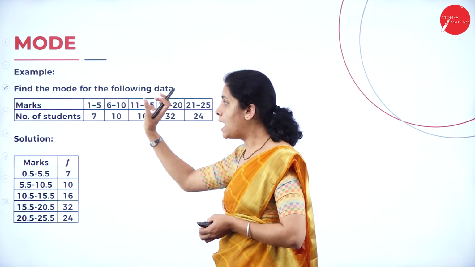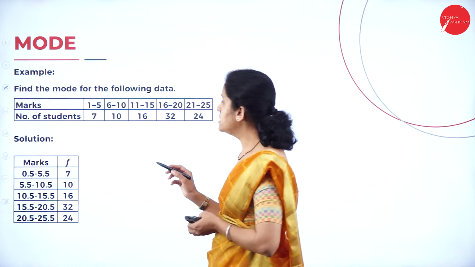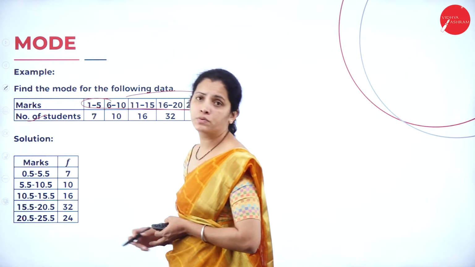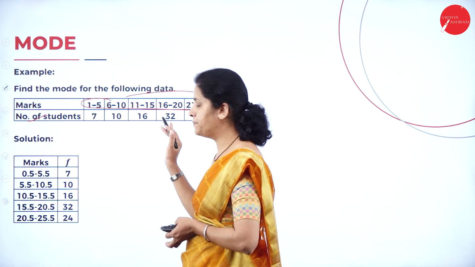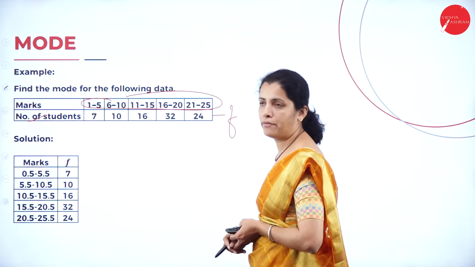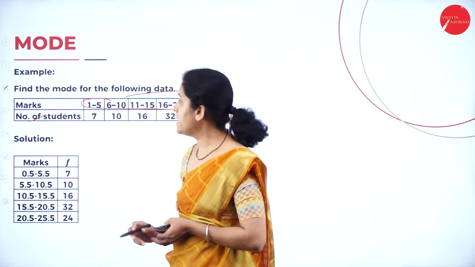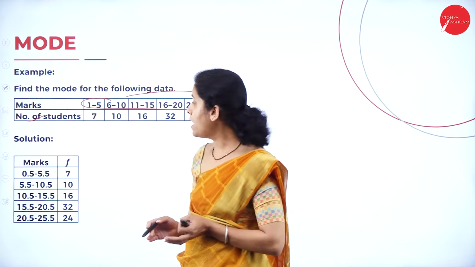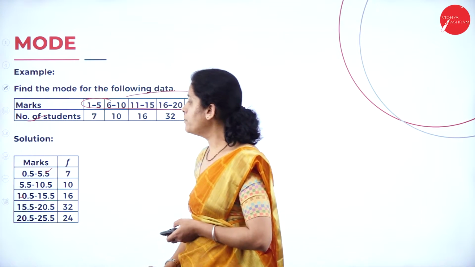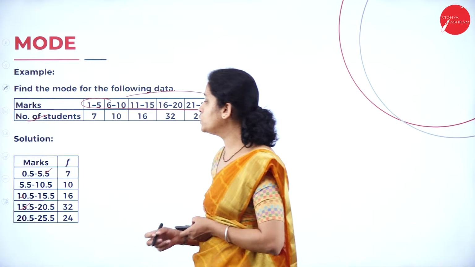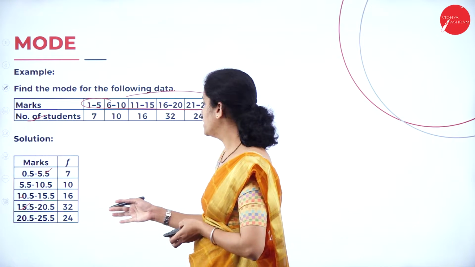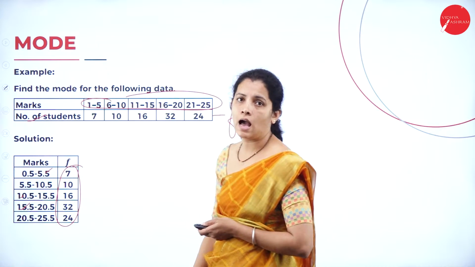I have marks and I have number of students. Number of students is nothing but the frequency F. To represent number of students, I'm going to use frequency F. Now, see here, I'm going to write the marks ranges: 0.5 to 5.5, 5.5 to 10.5, 10.5 to 15.5, then 15.5 to 20.5, and 20.5 to 25.5. Then I'm going to write the frequency as it is.